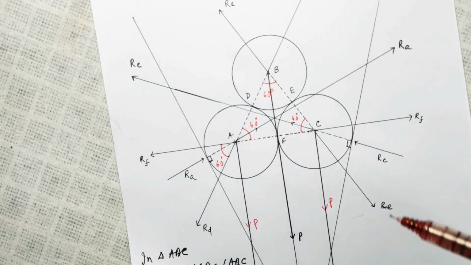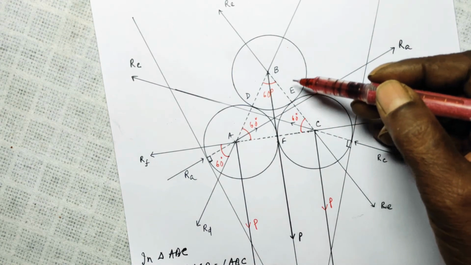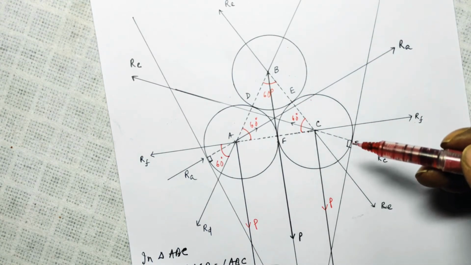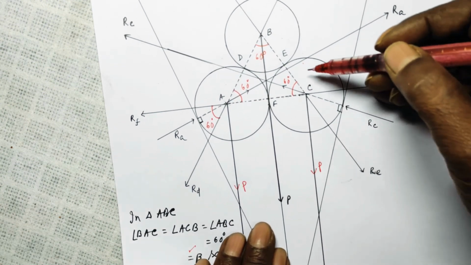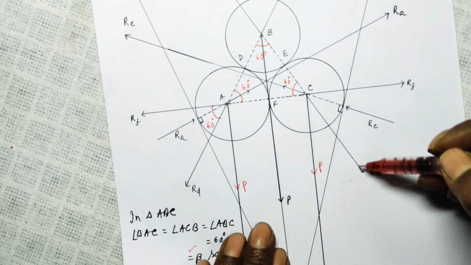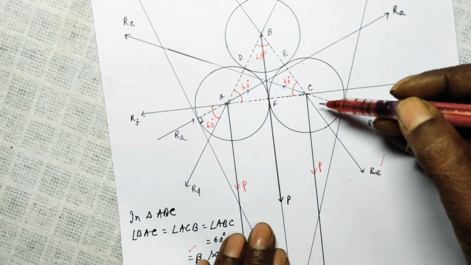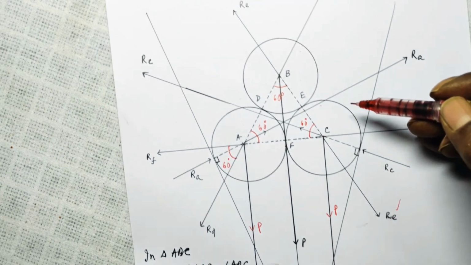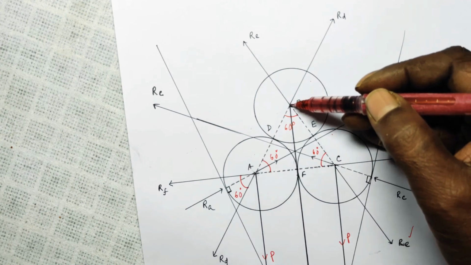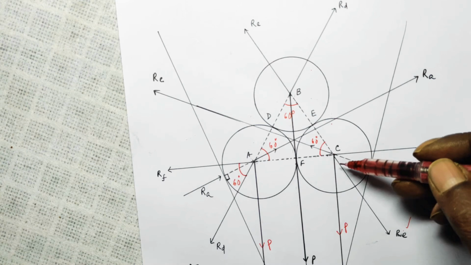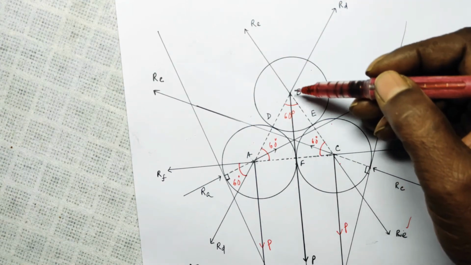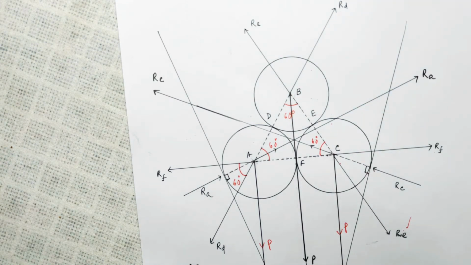Similarly, at the point of contact E between these two cylinders, let the action and reaction forces be RE, that I have also shown here, RE for this cylinder at point C and for this cylinder at point B towards this side. This is passing through its center and this RE passing through its center.